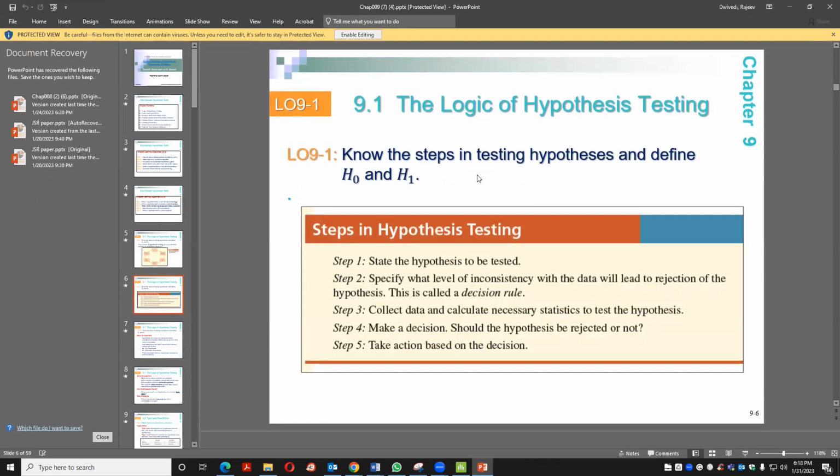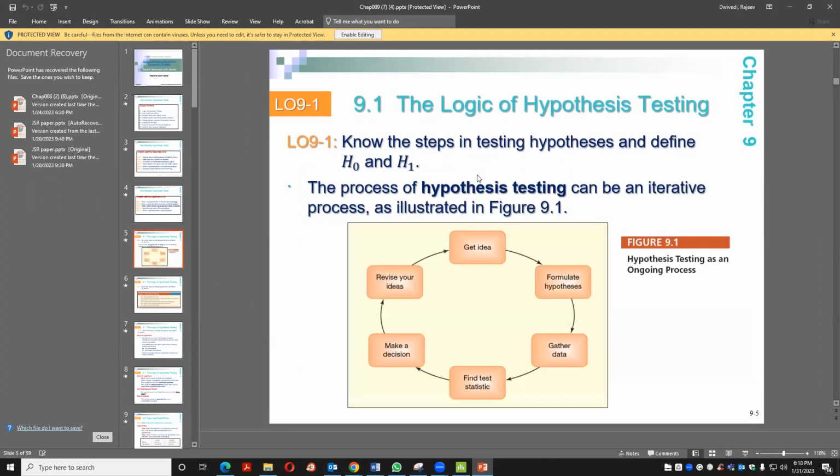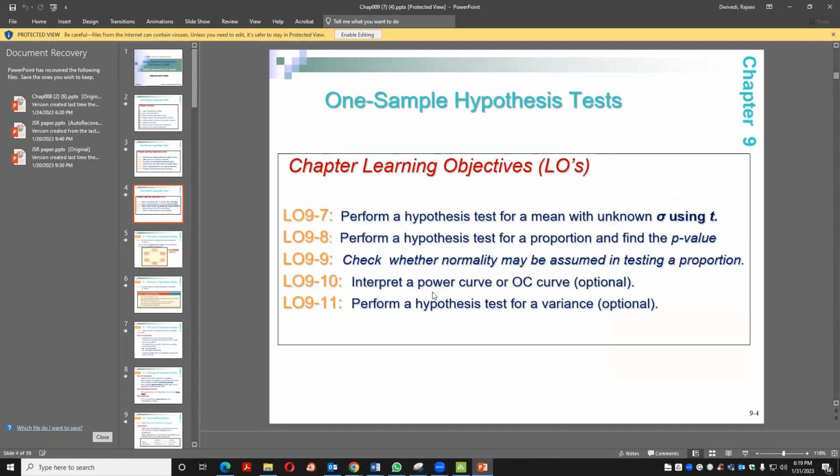So basically, hypothesis testing is a complete process, from getting an idea, formulating a hypothesis, getting data, finding the test statistic, making a decision, and revising your idea. So these are the steps in order to do hypothesis testing.